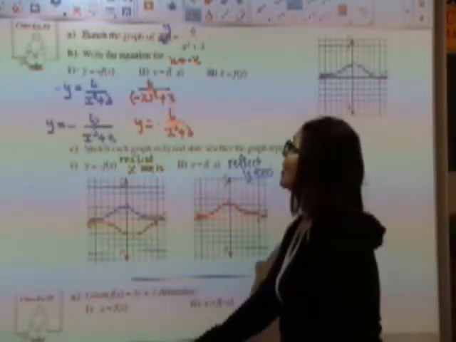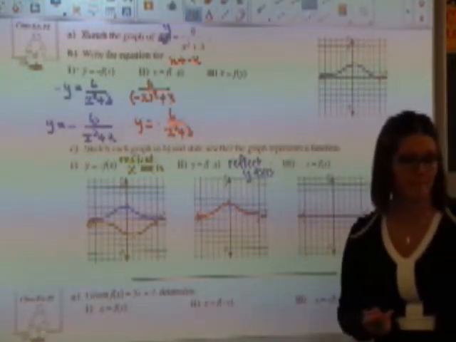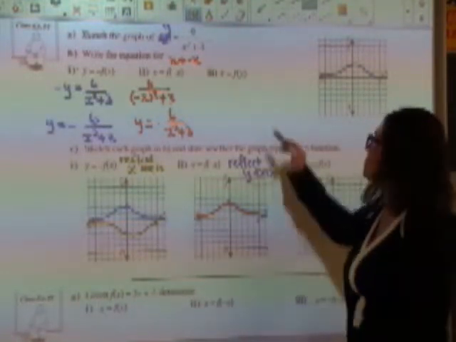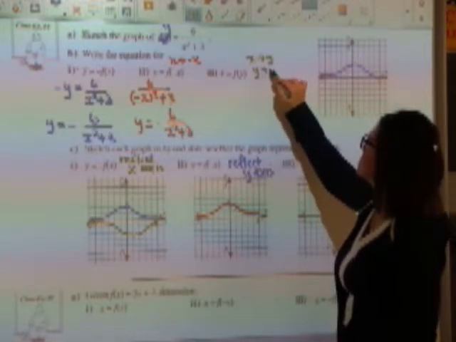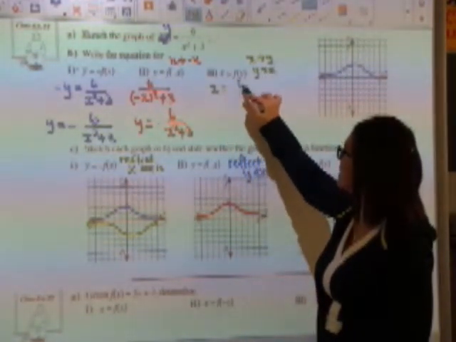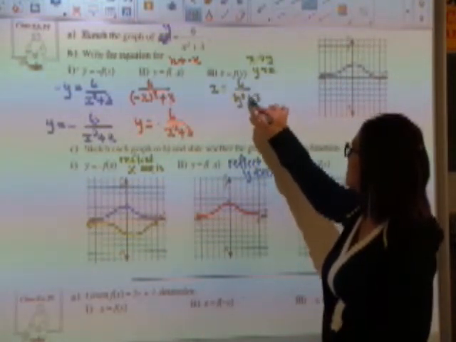Then if I look at 3, what's my replacement? X with y and y with x. So my equation would now be x equals 6 over y squared plus 3.